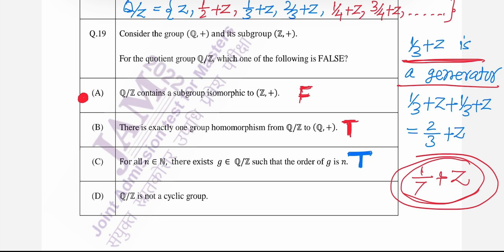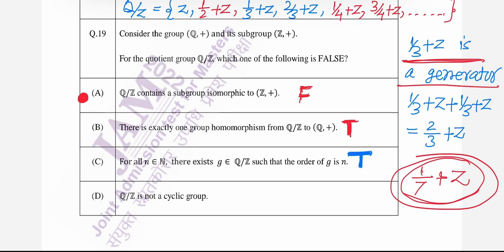So if you add 1 by 7 plus Z plus 1 by 7 plus Z plus 1 by 7 plus Z, then you will never get 1 by 43 plus Z. 1 by 43 plus Z is an element of Q by Z, but 1 by 7 plus Z will never generate 1 by 43 plus Z. It will also not generate 1 by 37 plus Z, whatever times you add.